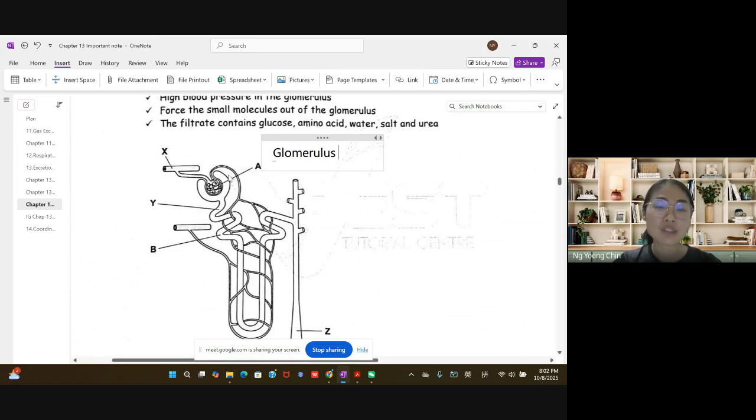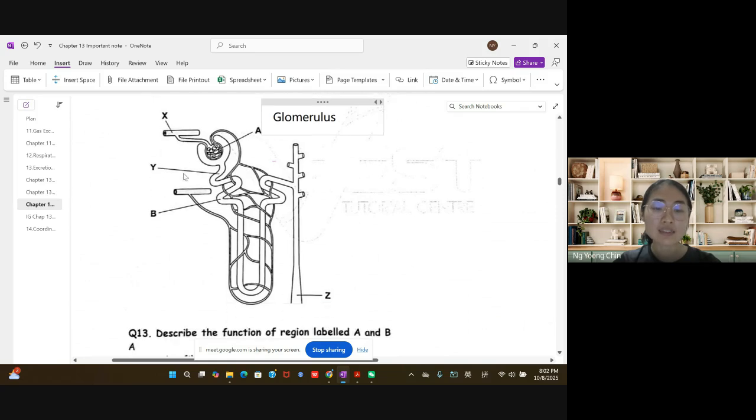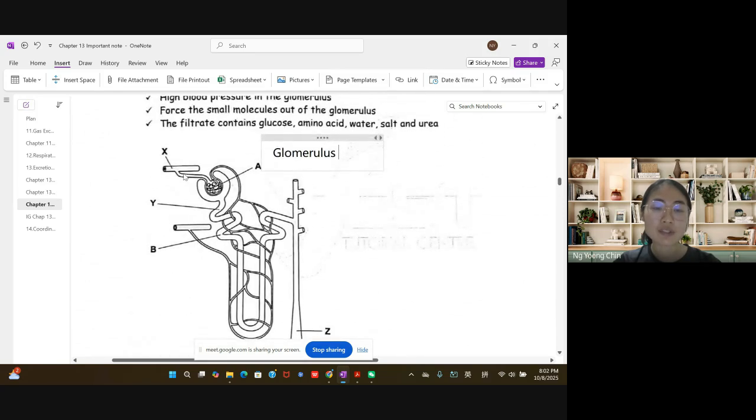So what's important for the glomerulus? Where does this glomerulus come from? It comes from this X. X refers to this one, we call it the afferent arteriole. The blood comes from where? The blood comes from the renal artery.